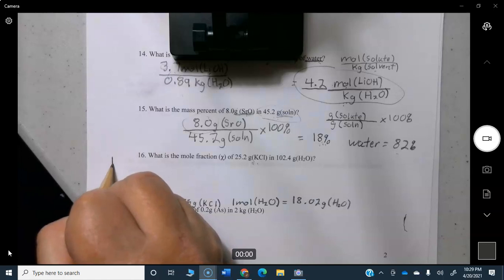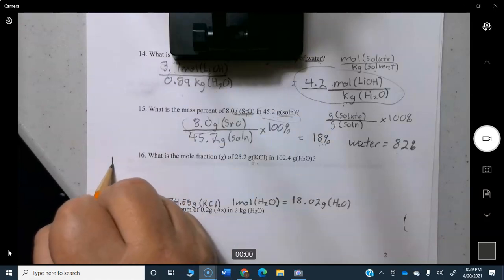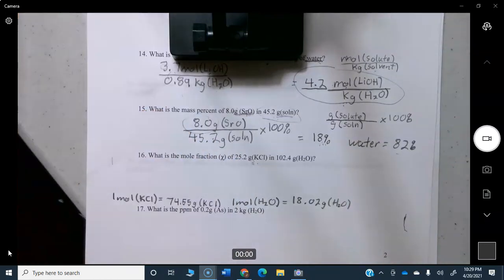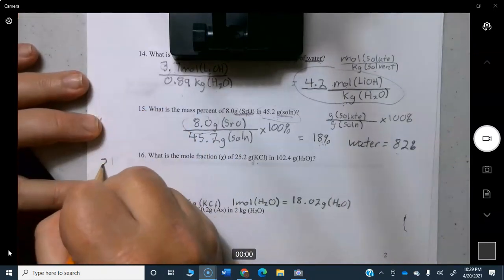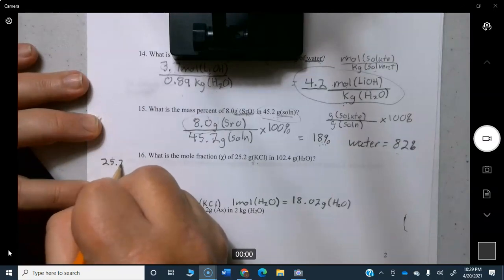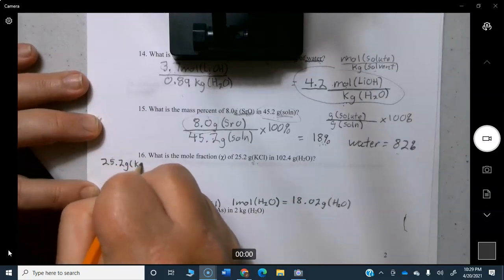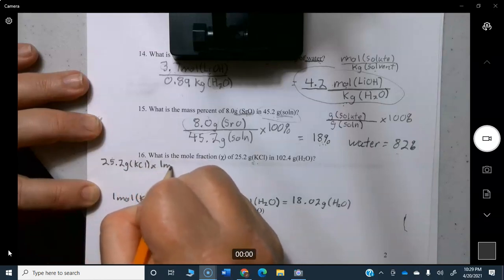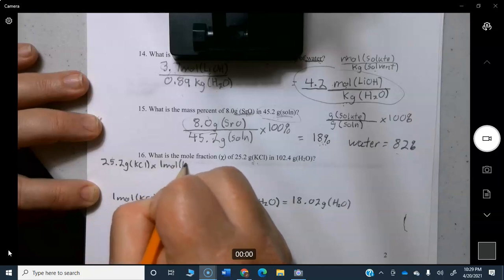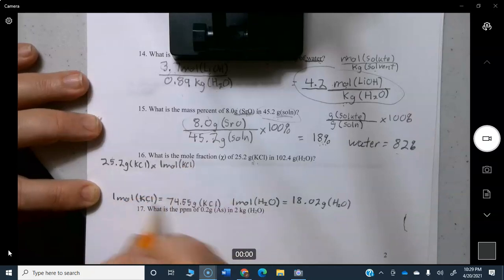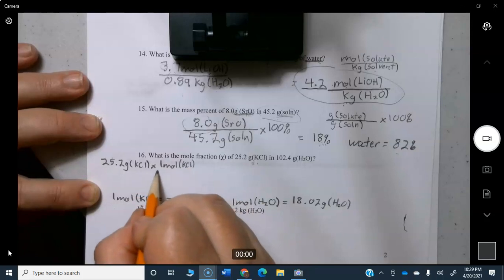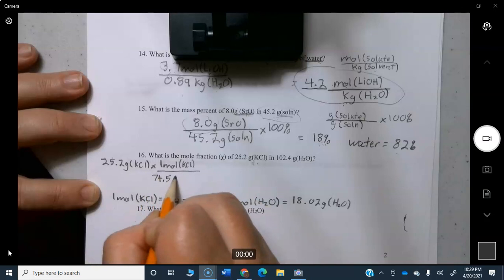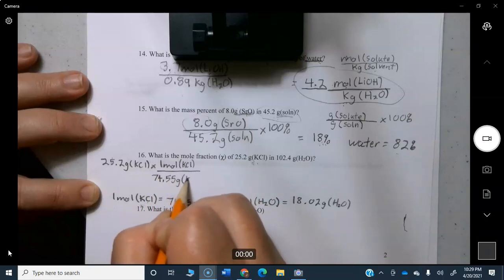So 25.2 grams of KCl times 1 mole KCl over, we need grams on the bottom, so 74.55 grams of KCl.